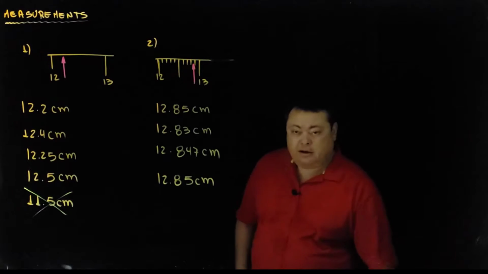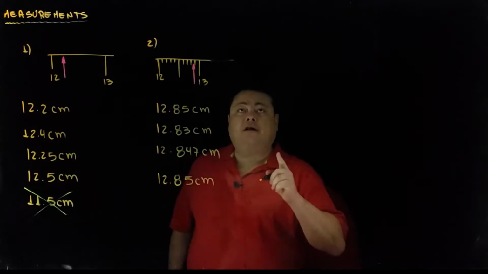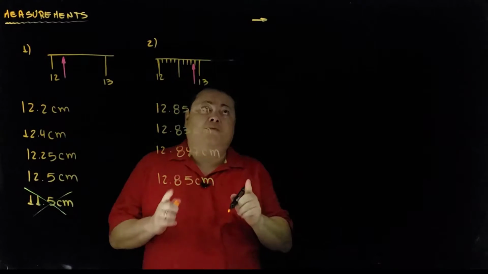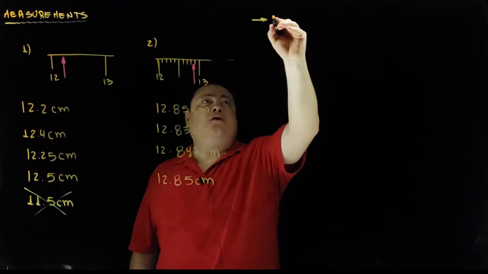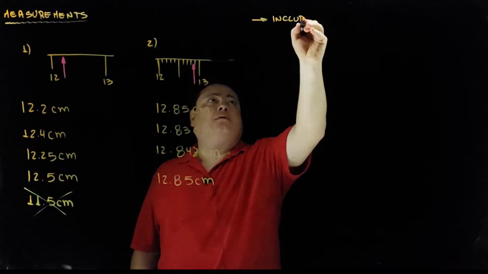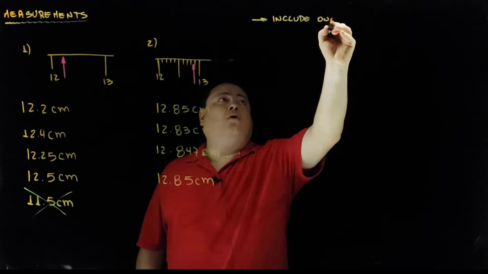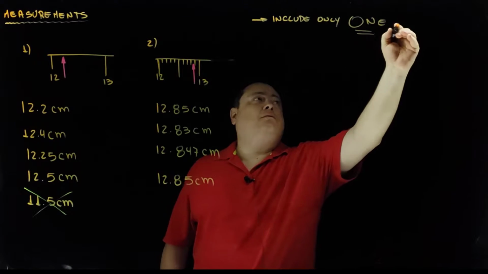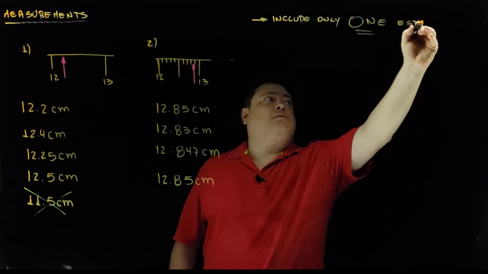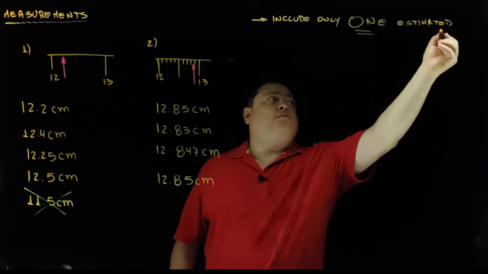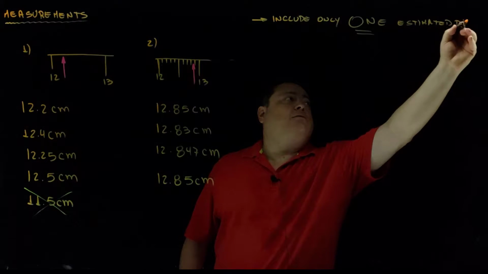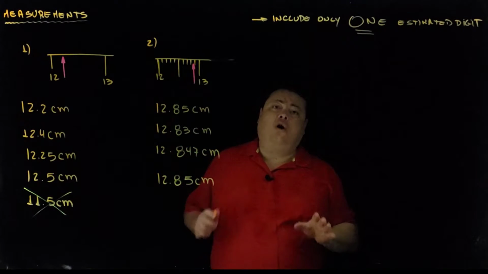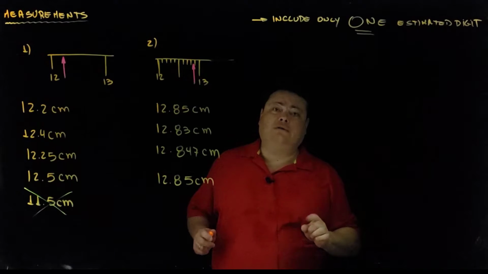So let's make the following agreement: for every measurement we make, we will include only one estimated digit. Okay? So let's make this deal. We will always take our readings including just one estimated digit.